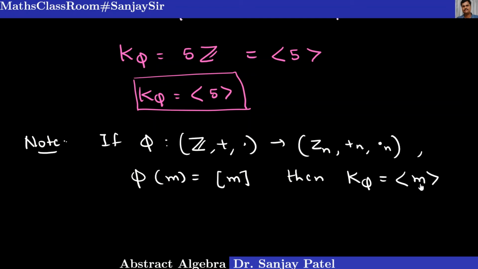Okay, so very, very important. In our case this was 5, so we are getting K_phi equal to the ideal generated by 5. So, a very important example.